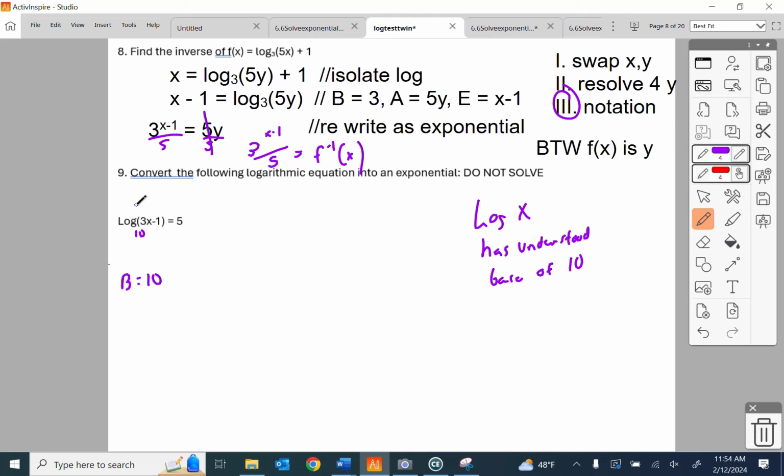Remember, log is bae. My answer is 3x minus 1, and my exponent is going to be 5. So when I convert this, I'm going to have 10 to the 5th equals 3x minus 1. It says do not solve. That's where I stop. I'm just seeing if you can do conversion.